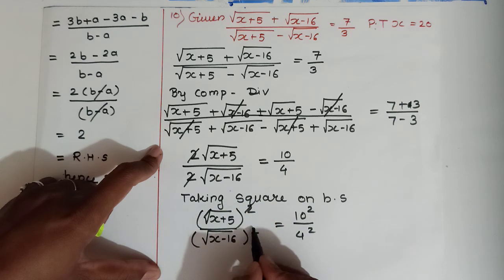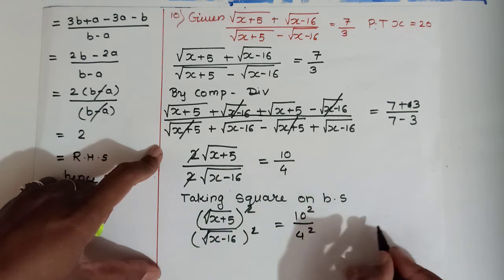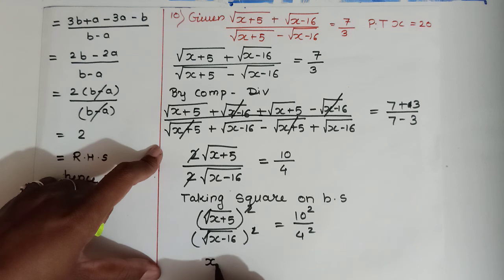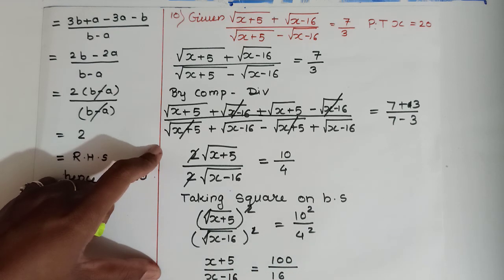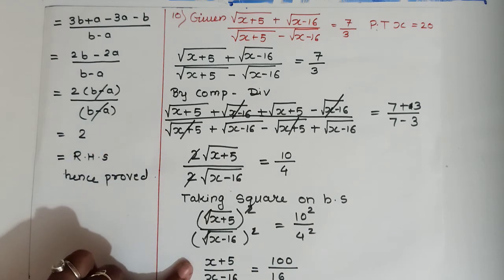Square and root cancel, square and root cancel. And this will become x plus 5 divided by x minus 16 equals 10 square means 100 over 4 square means 16. Now here we can again apply the componendo and dividendo property, or you can just cross multiply and solve it.